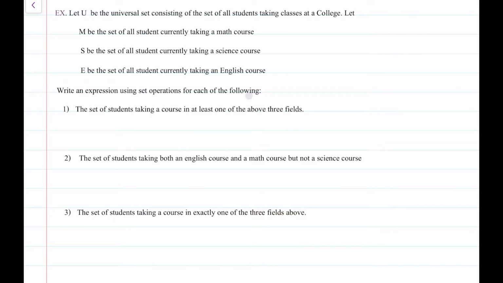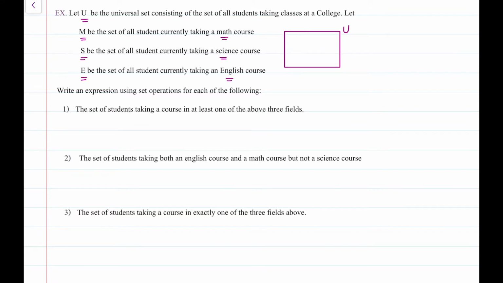Okay, so what do I have? I have a universal set, U. Then I have M be the set of all the students taking math courses, S set of students taking science courses, and E for English courses. So if I want to have a Venn diagram, it will look like this.